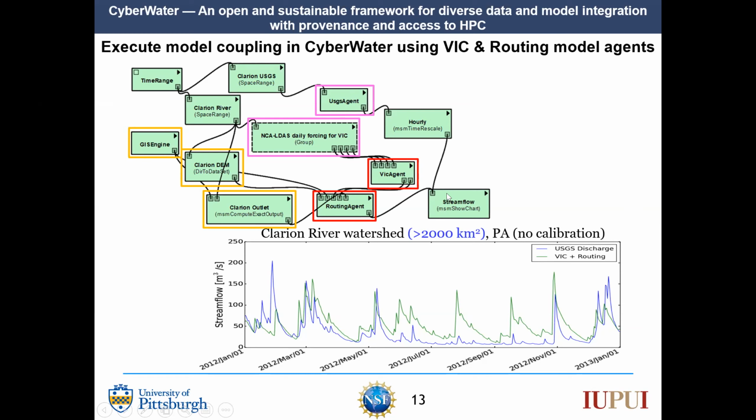And so then you compare the USGS observations with the model simulations using our visualization tool and display that for comparison. And here is the result. The green shows the VIC model coupled with the routing model results, and the blue shows the USGS observations. And again, this result is obtained without conducting any model calibrations.